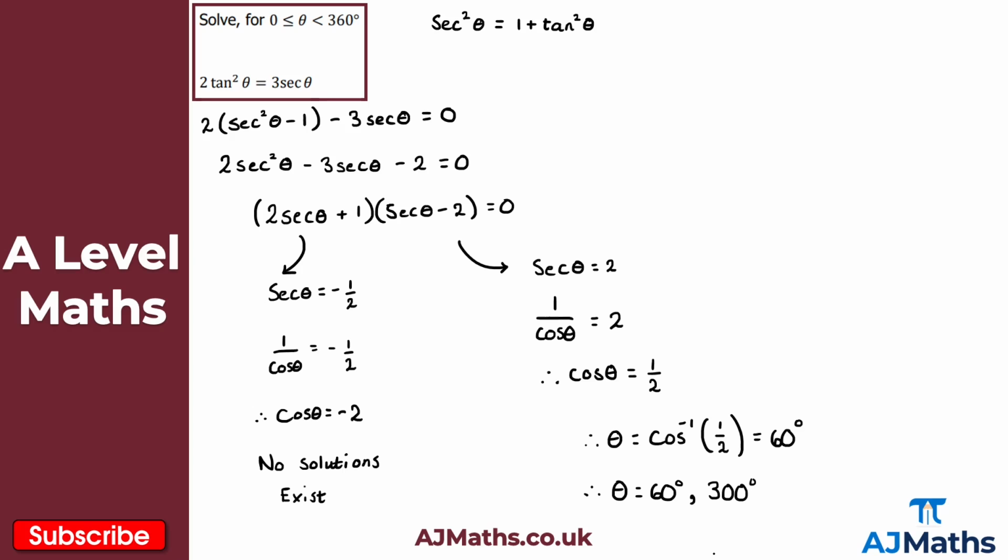Okay, and there we have it. So that's our solution there. So let's just box this off, just so you can see the full solutions here. That gives the solution to question 4, the very last question in this video. And that actually brings us to the end of this video on exam revision for reciprocal trig functions.